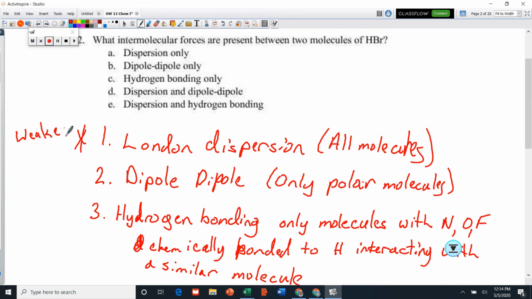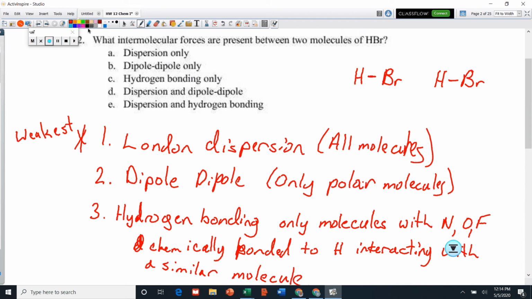Now, real quick, intermolecular forces deal with, in this case, HBr, and how HBr is going to interact with another molecule of HBr. We're not talking about the bond right here.